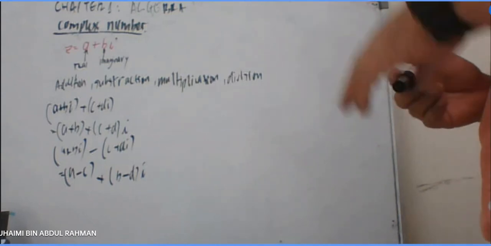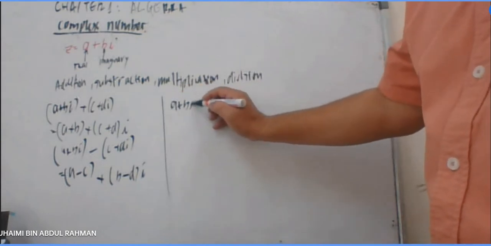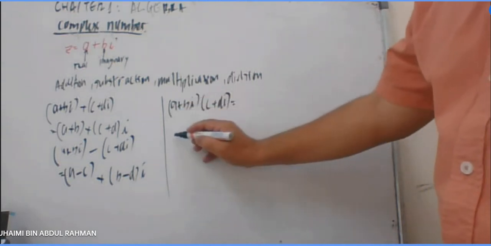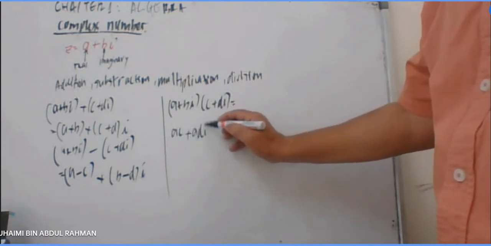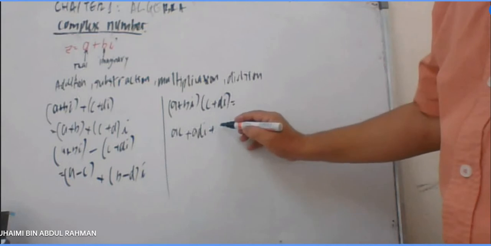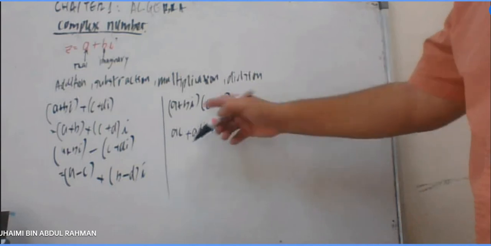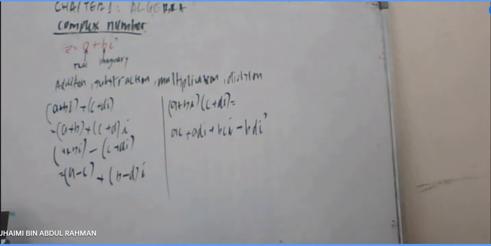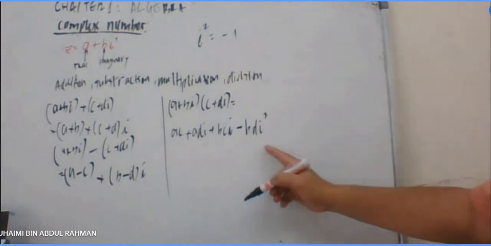Also for multiplication of two complex numbers, let's say A plus BI and C plus DI, we multiply A and C, A and DI, BI and C, which is BCI, and BI and DI, which is BD I square. Remember that the value of I square is minus 1.